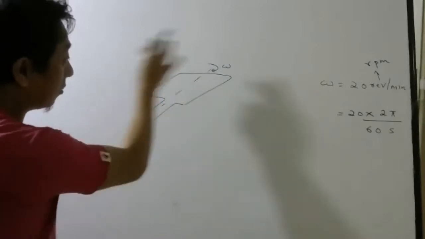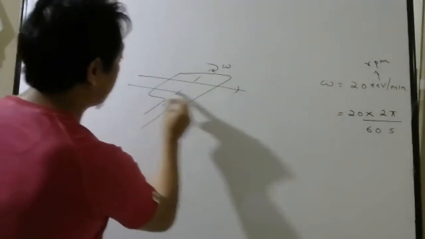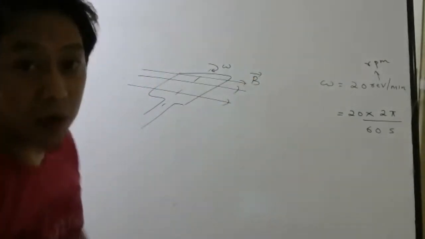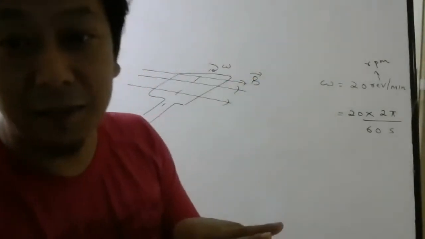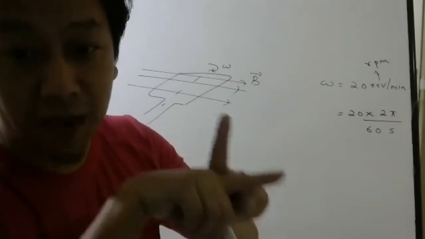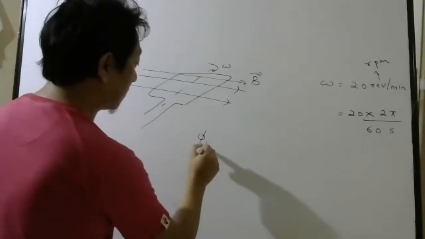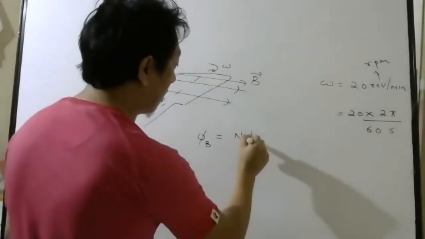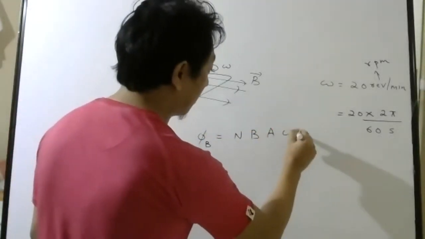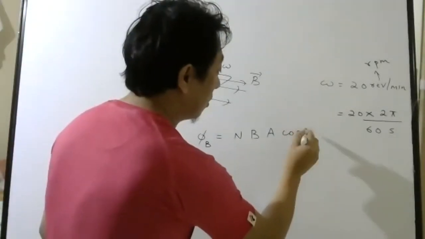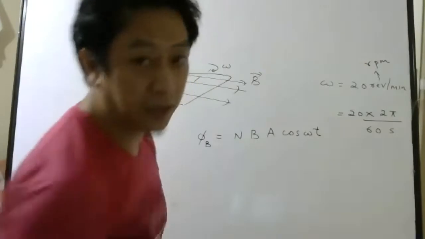So when a coil rotates in a constant magnetic field, what keeps on changing? The angle between the area vector and the magnetic field vector keeps on changing. So magnetic flux is given by NBA cos theta. N is the number of turns. Theta is omega t. Correct now?